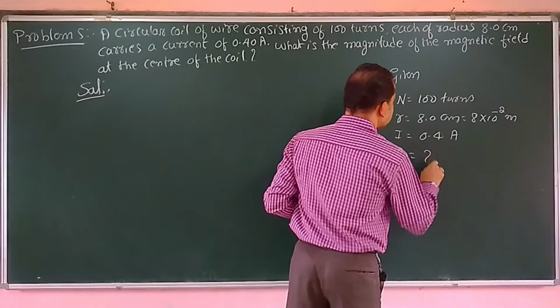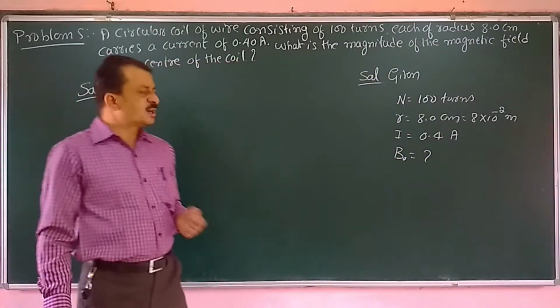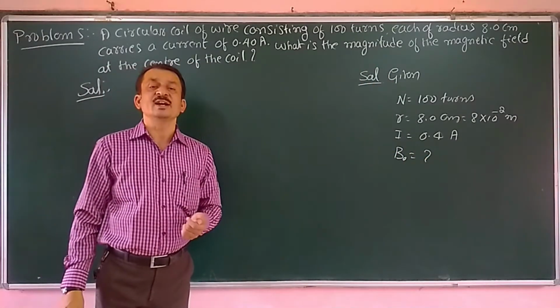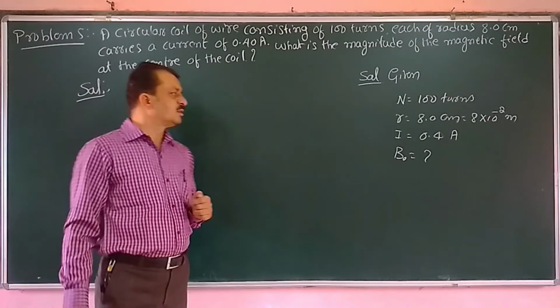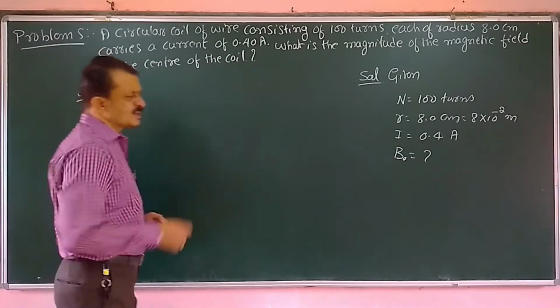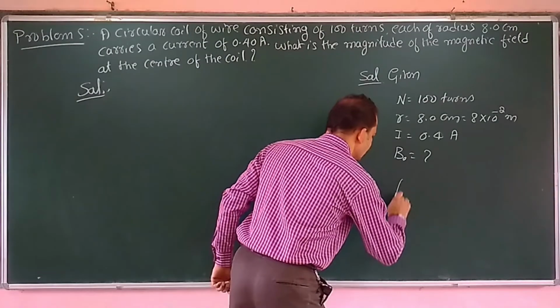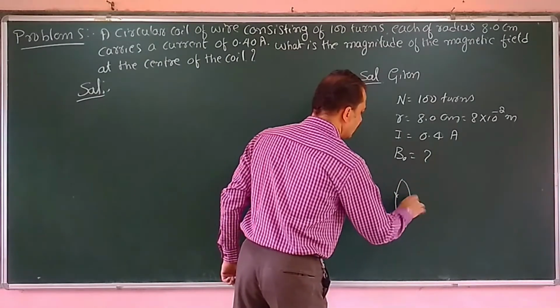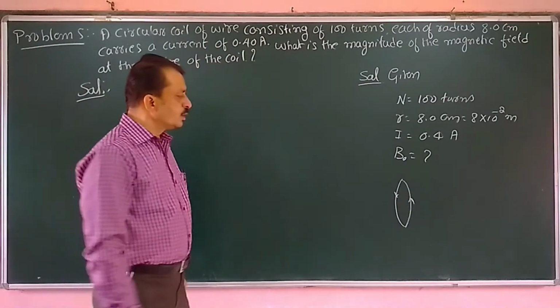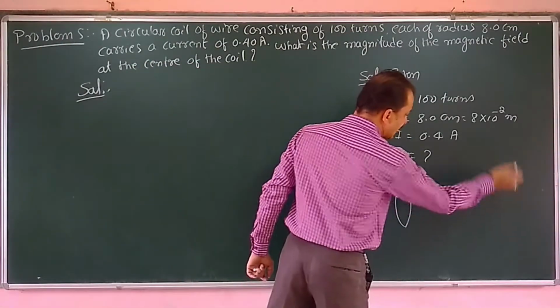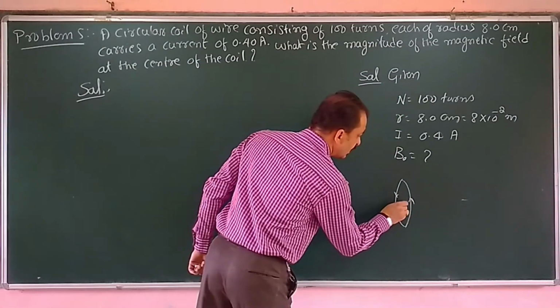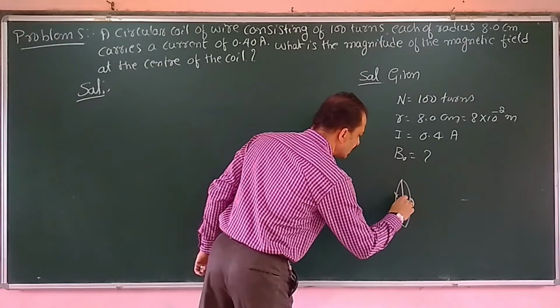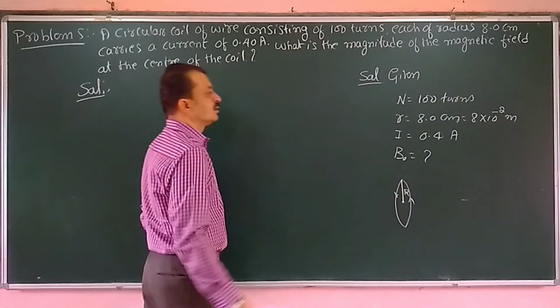Since they have asked at the center, we are already familiar with that one. That is, we are taking B naught. We know this is the case of a circular loop carrying a current, that we have already derived. We have derived the expression for the axial point and also finally obtained the expression for magnetic field at the center.